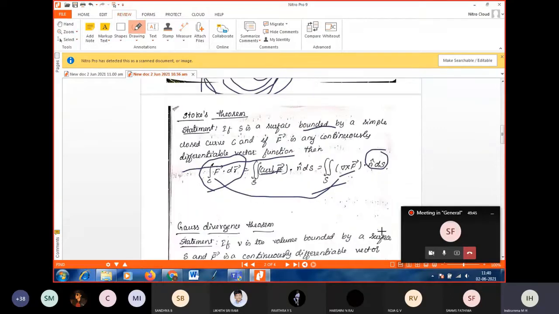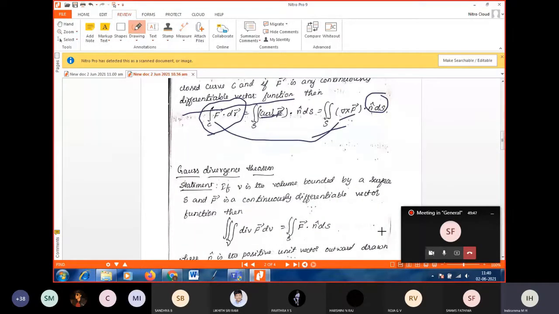Okay, next, the Gauss divergence theorem. It converts a volume integral to a surface integral. The statement is that if V is the volume bounded by a surface S and vector f is a continuously differentiable vector function, then the triple integral over the volume V of div f dv is equal to the double integral over the surface S of vector f dot n cap ds.